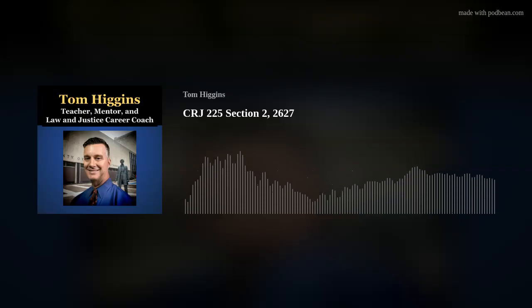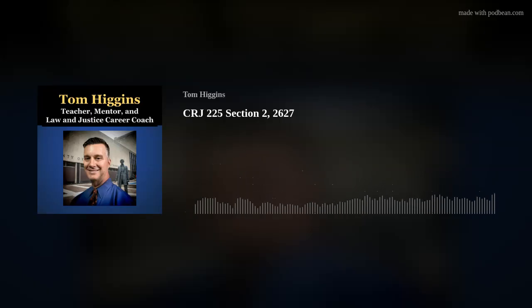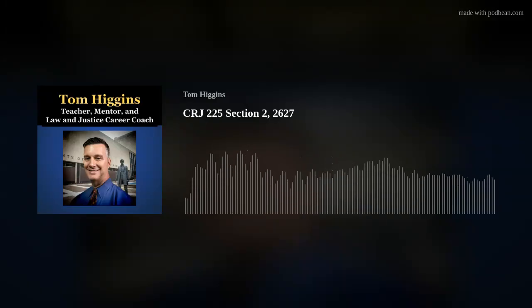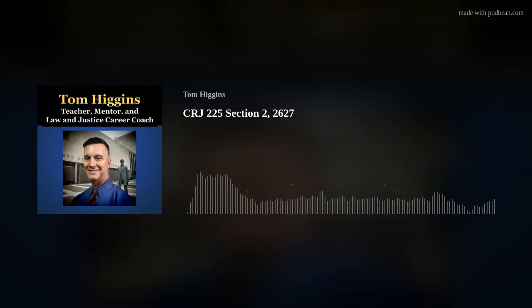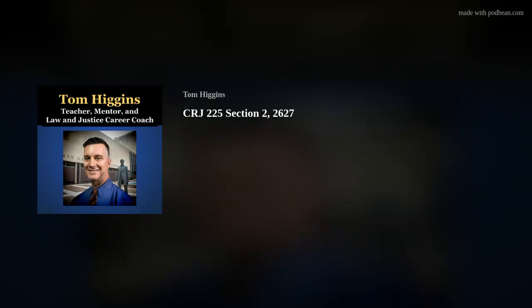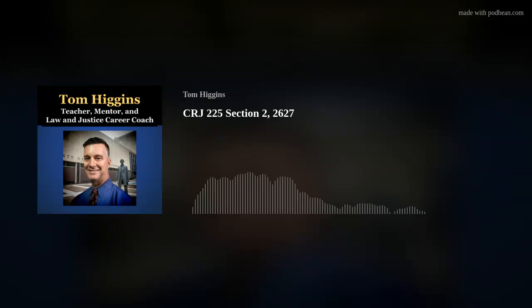Someone is trying to commit a forcible felony against you or someone else. Forcible felonies: sexual assault, battery, murder, robbery. Robbery is theft with a weapon, forcibly taking something from somebody else. Arson.